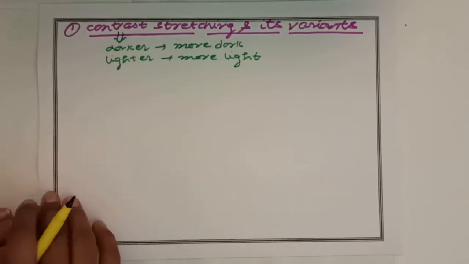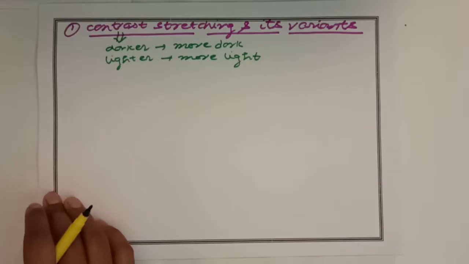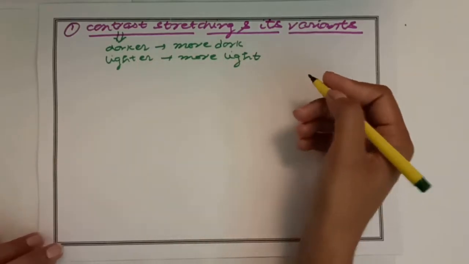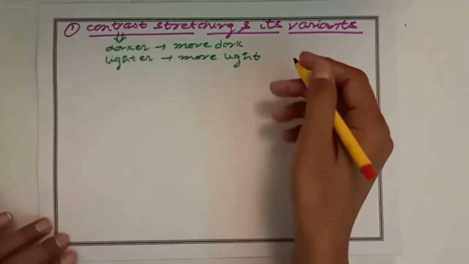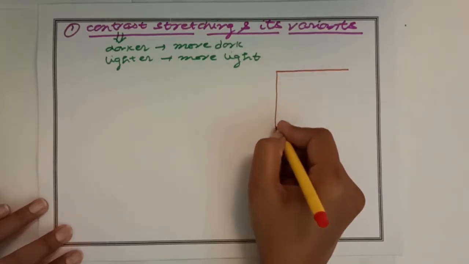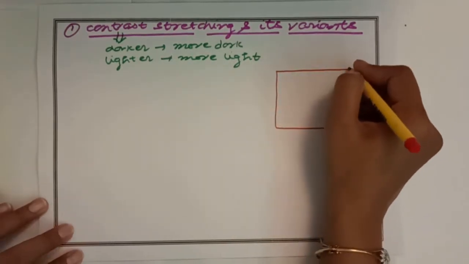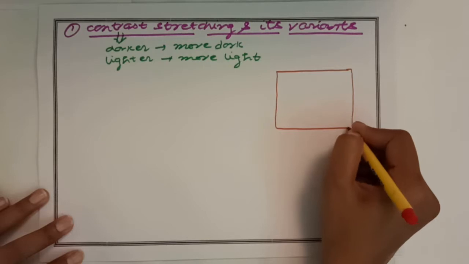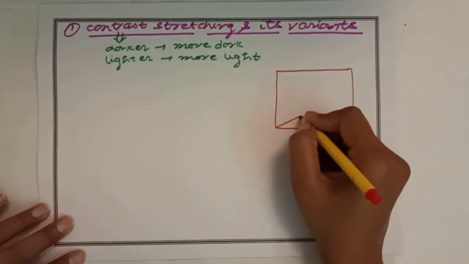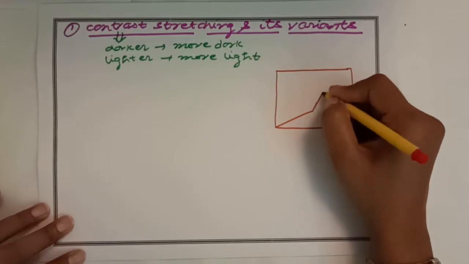So here, how to represent it mathematically? For that, let us take a simple image which can be represented in a 2D form where r is the input gray level and s is the output level.